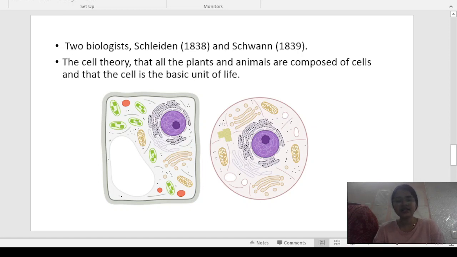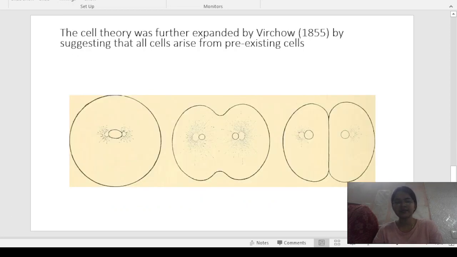If any organism has a single cell, then the organism can have its own life, because all the reactions, all the processes, all the functions can be carried out only with the help of cells. The cells come together, and only then is the whole tissue or organ or whole organism made. So the cell forms the basic unit of life, and plants and animals are all made up of cells.